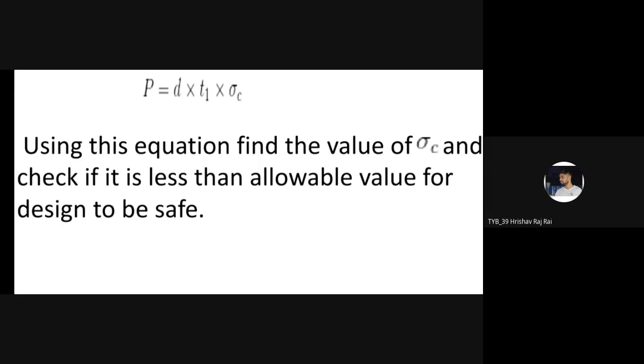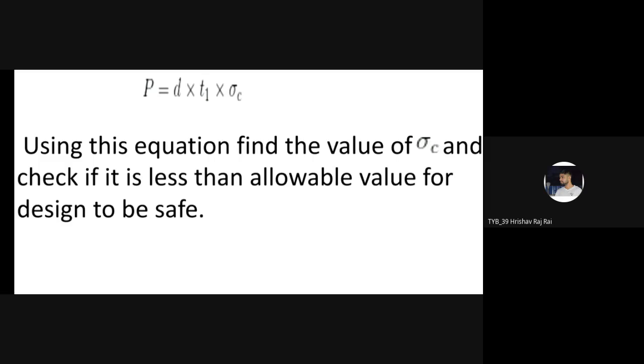If it is higher, then what do we have to do? That case we have not considered. If the value of sigma C which we get by this formula is higher than what we have calculated from SYT, the ultimate tensile strength value, using the factor of safety, then we have to go back and recalculate the dimensions.